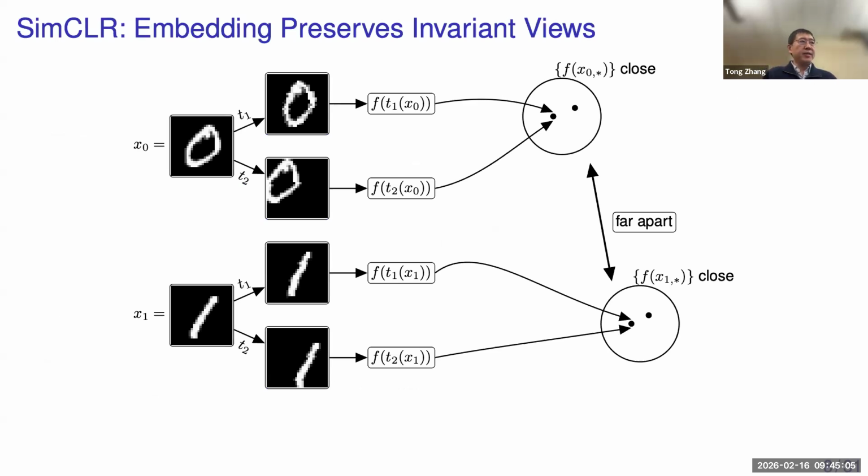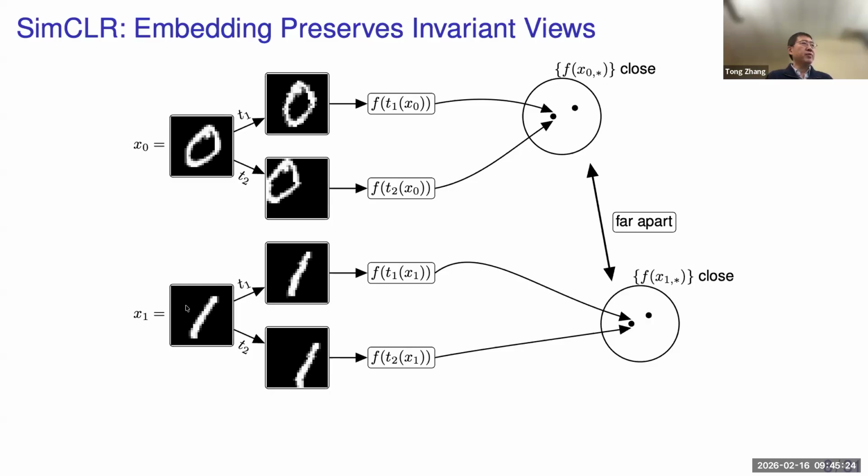Here is basically the idea. What it does is the following. You start with an image, the original image from your data set. It's unlabeled, by the way.